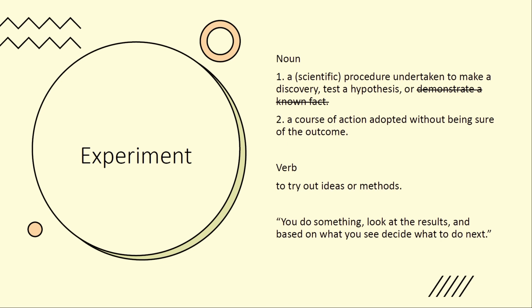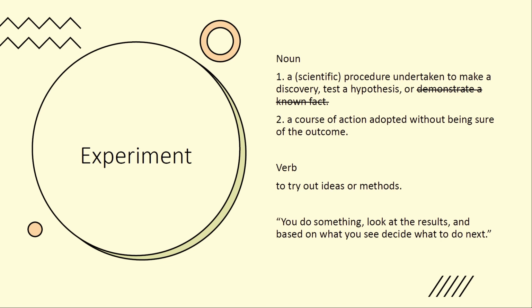And that engagement with uncertainty is really important in experimentation. Experimentation is a way of using what we know to engage with the unknown. And that's an idea that I'll come back to in the next slide.